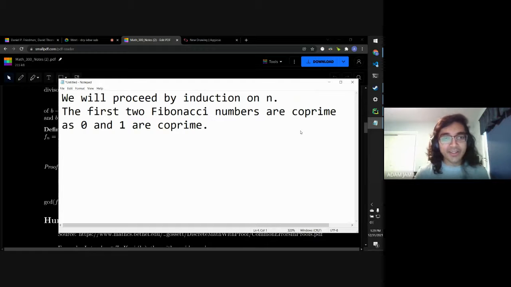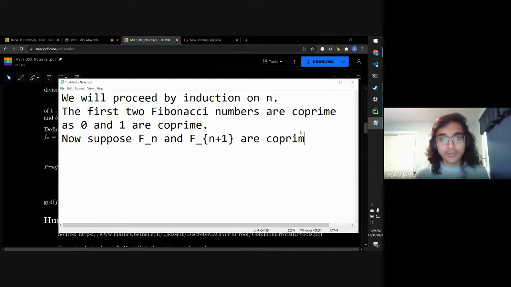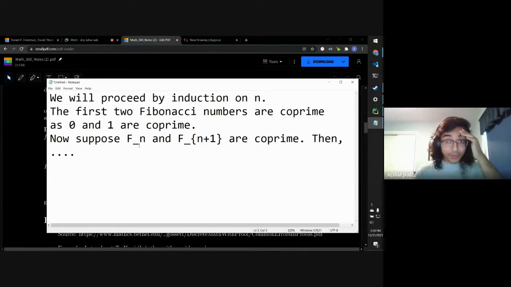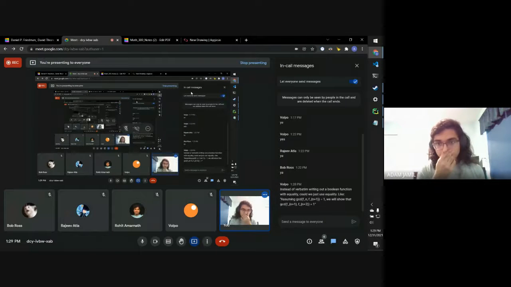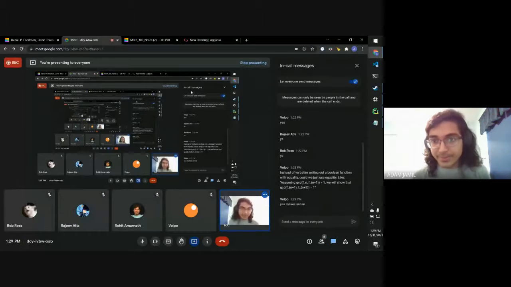And then I'll suppose fn and fn plus 1 are coprime. And then I would show you the actual stuff I did. Okay. Does that make sense? How this proof worked and how to word the proof? Cool.